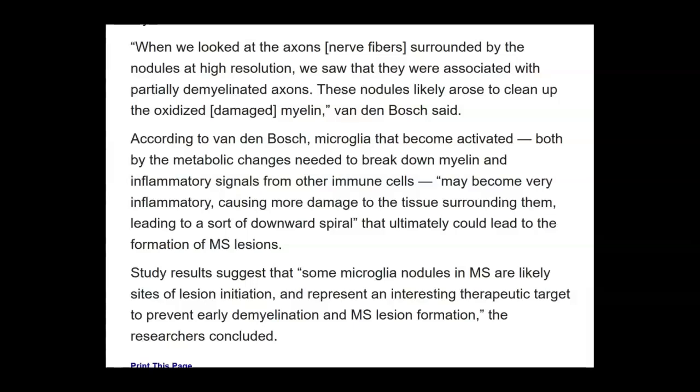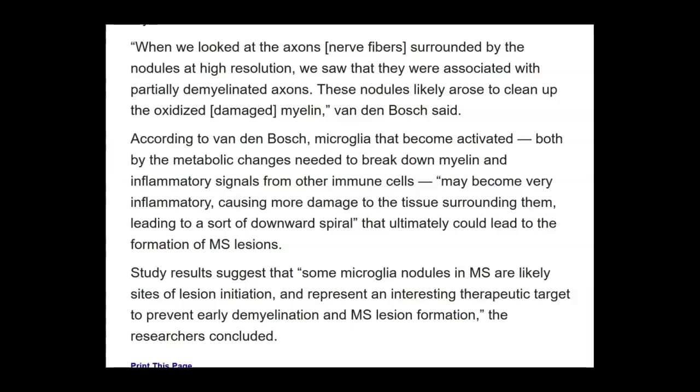According to Van den Bosch, microglia that become activated both by the metabolic changes needed to break down myelin and inflammatory signals from other immune cells may become very inflammatory, causing more damage to the tissue surrounding them, leading to a sort of downward spiral that could ultimately lead to the formation of MS lesions.